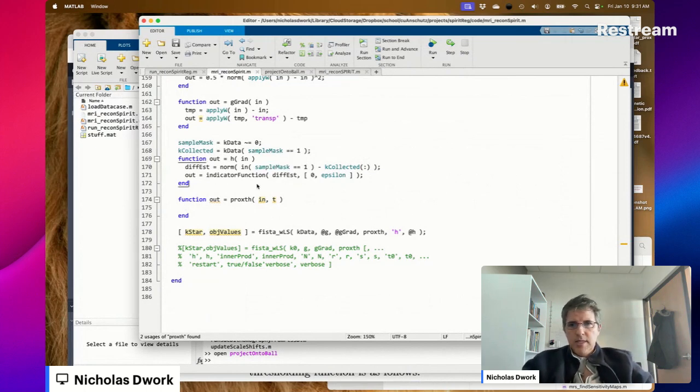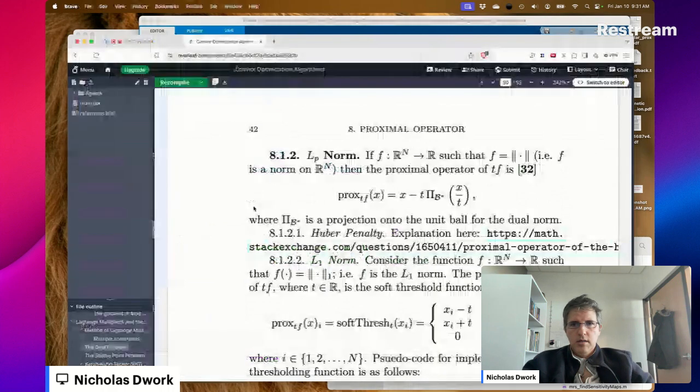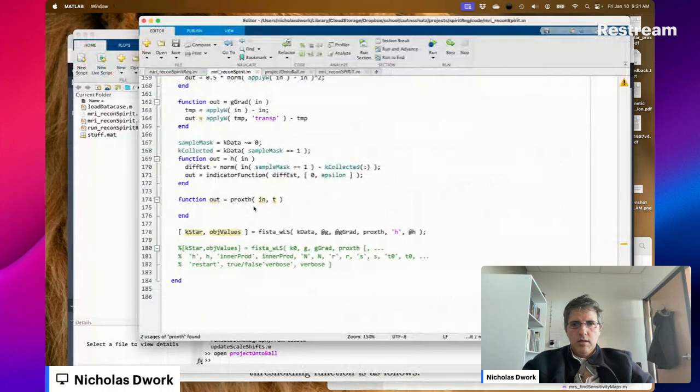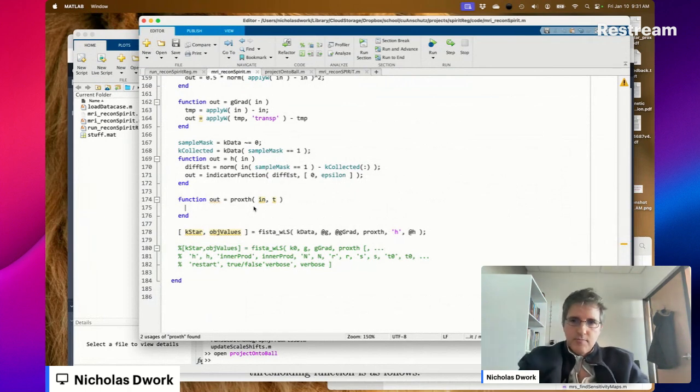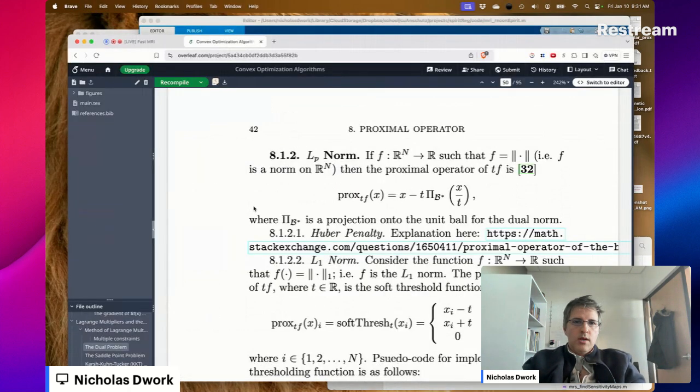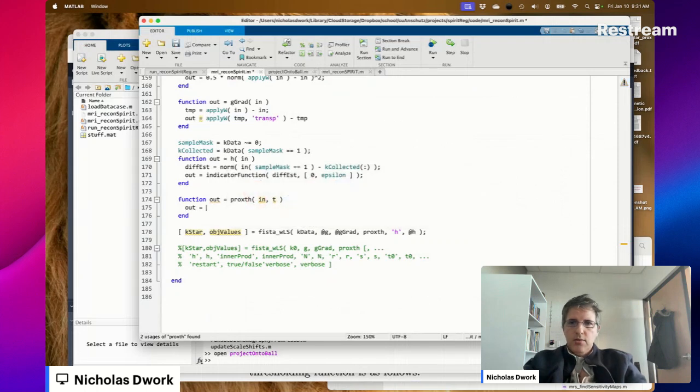This sample mask is the issue. But that just means we're only going to project those values that are in the sample mask. Okay, so out equals in, sample mask equals 1.